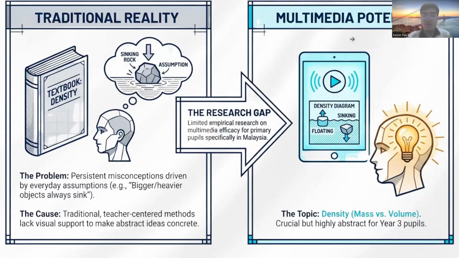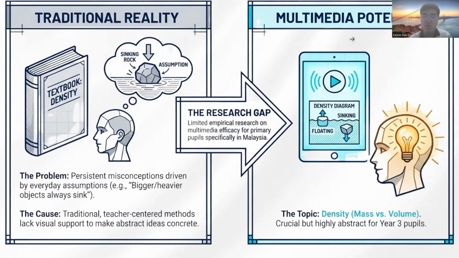Despite the importance of the topic, many pupils still struggle to understand density. This is because the concept is abstract. It involves multiple ideas such as mass, volume, and buoyancy. And the traditional teaching method focuses mainly on explanation and provides limited visual support.